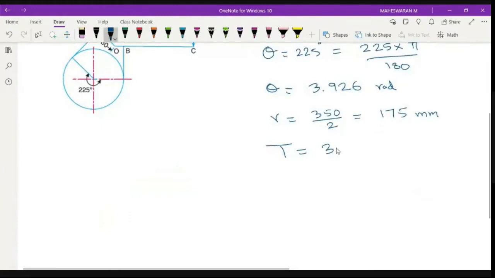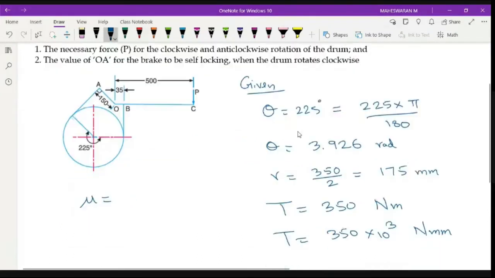They mentioned 350 Newton meter, but everything we are solving in mm, so I am converting this. It will be 350 into 10 power 3 Newton mm. Then coefficient of friction mu is given, the last value. So mu is 0.3. These are the data.